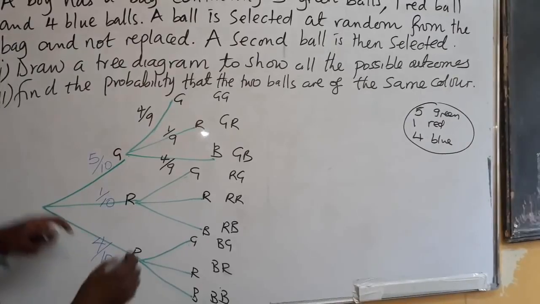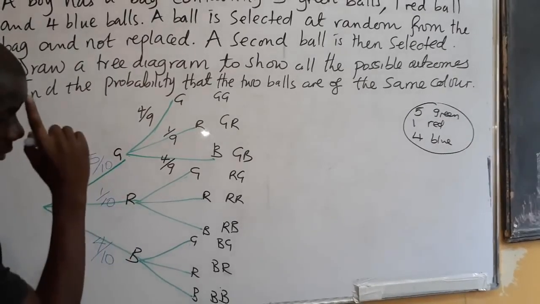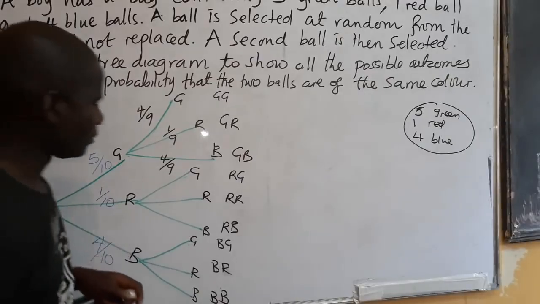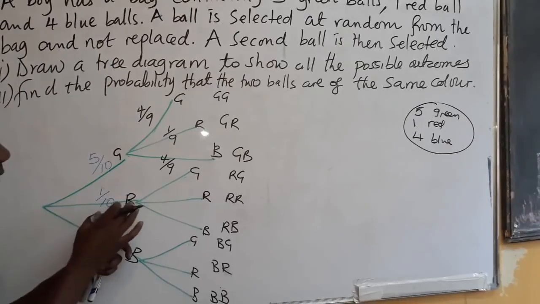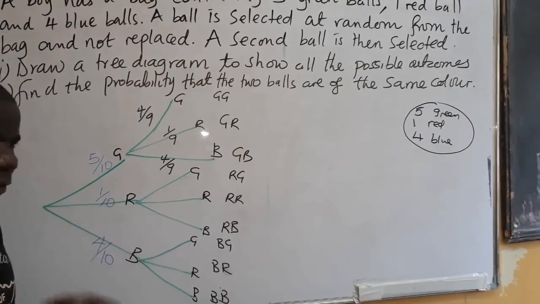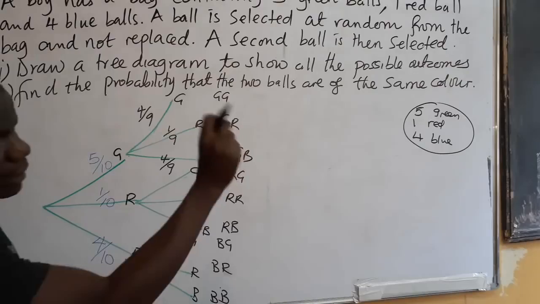Okay? Then when we come to this one, the second one, if the first one that was picked is red, what is the probability that the second one is also going to be red? Now, red only has one ball in the bag.